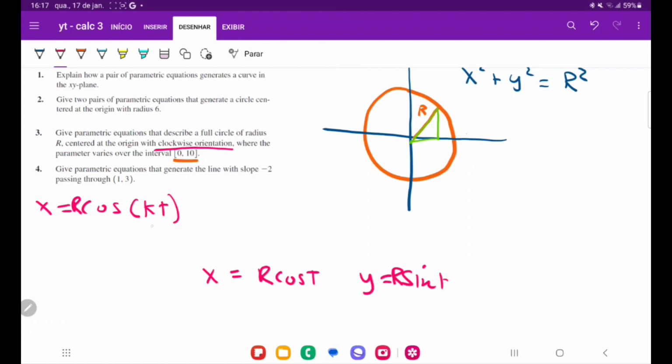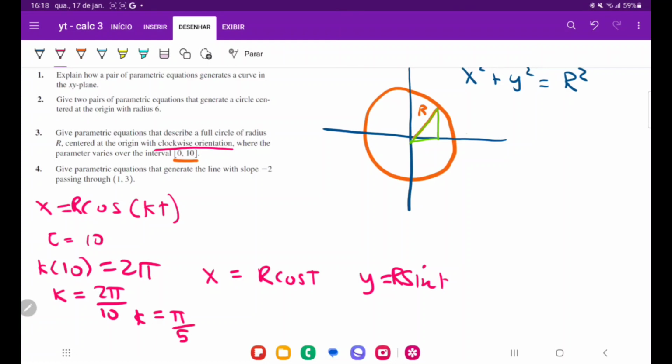Because if I plugged in 2 pi, it's going to behave like I did a full revolution. So I want 2 pi to have the same behavior as k times t whenever t is equal to 10. So if t is equal to 10, it means that k times 10 has to be equal to 2 pi. And so if we divide it out, thus k is going to be equal to 2 pi over 10, or k is equal to pi over 5.